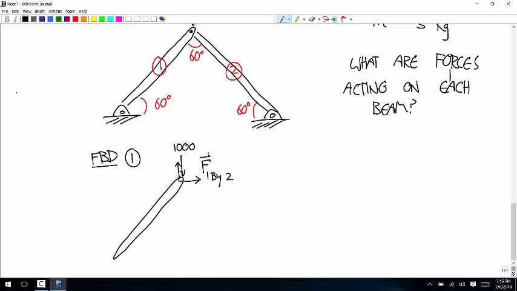That's a pin joint. Remember, the pin joint applies two components of a force vector to whatever body it's connected to. Down here, there's a pin joint. I'll call that the reaction force at A. And then there's a weight force, 5 kilograms times 9.81, that's 49.05.